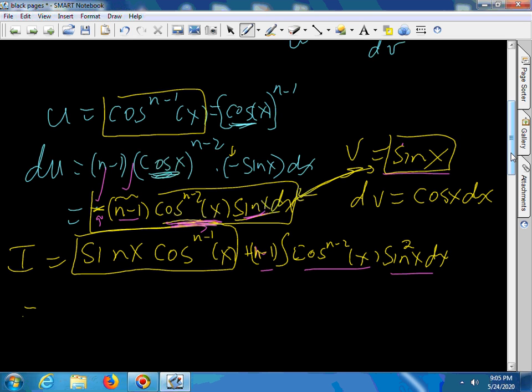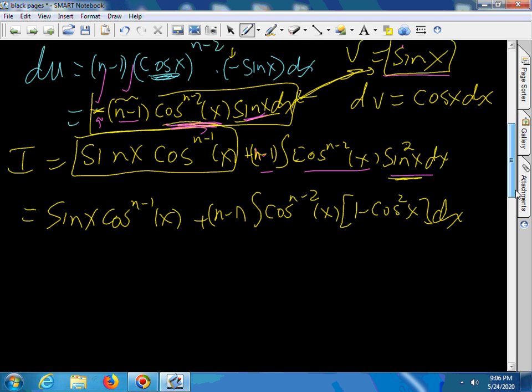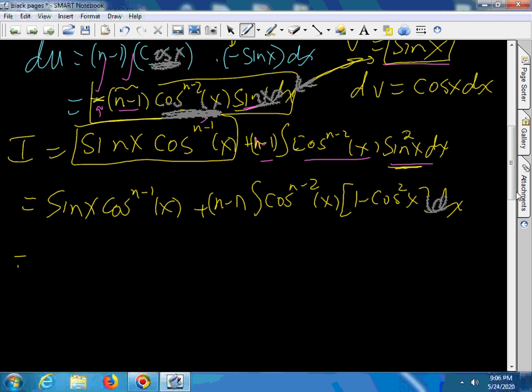Okay, so this is equal to sine x cosine n minus 1 of x, everything in that box, plus n minus 1 times the integral of cosine to the n minus 2 of x. And then sine squared x, I'm going to write as 1 minus cosine squared x, a pretty popular identity, and then I'll distribute when I get there.